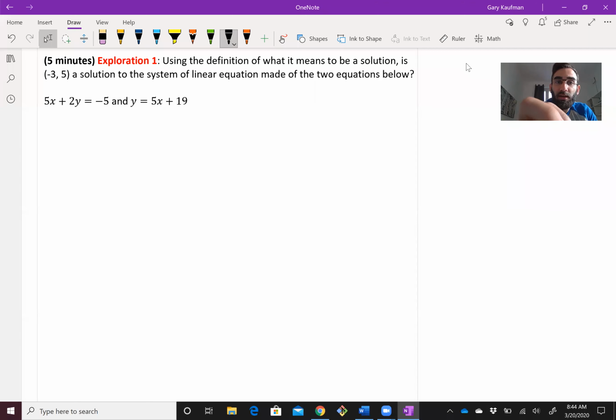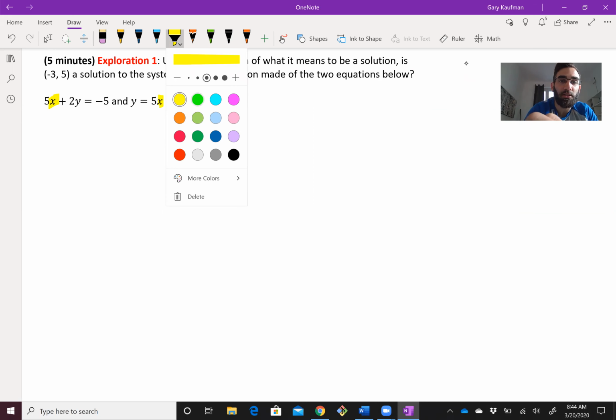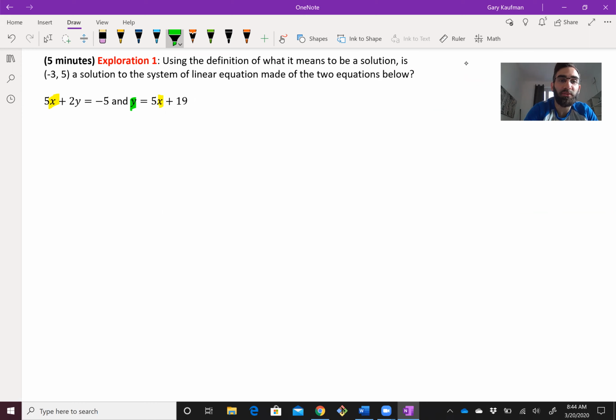So the idea of a system is the x that is here must be the same x that is there, and we're looking for the same y for both of these, something that satisfies both. Well, here's our y, here's our x. By asking if (-3, 5) is a solution, we have to see if it makes both true.